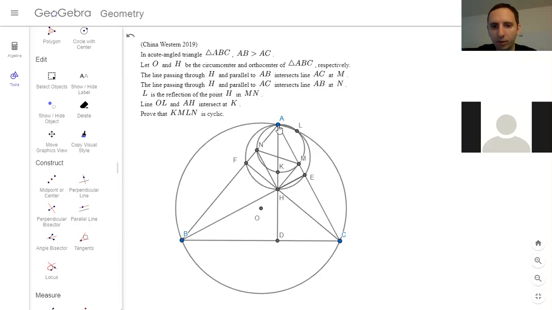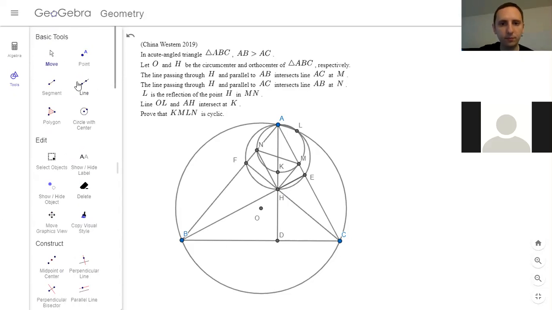Okay. So L. Okay. So oh, you're saying project through A onto this circle.